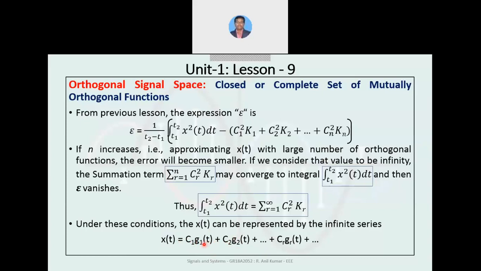We are representing the x of t signal in terms of g1, g2, g3 and so on. As we are considering an infinite series, we are representing x of t in terms of g1, g2 and so on up to g infinity. So here we are representing separately the term with r, so cr gr.